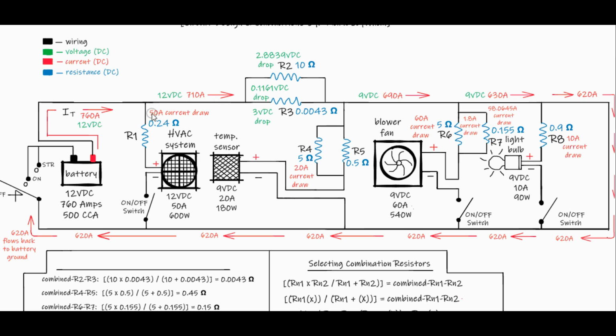We know that voltage remains constant on parallel circuits, whereas current remains constant on series circuits. When resistors are in series, voltage drop will occur, whereas the current draw will occur when resistors are in parallel.